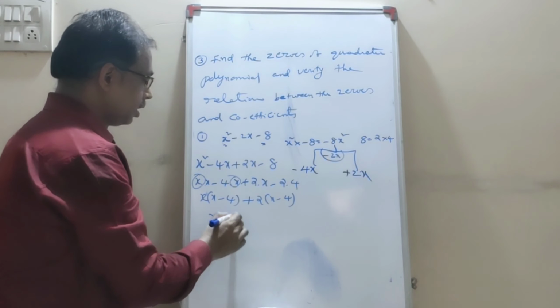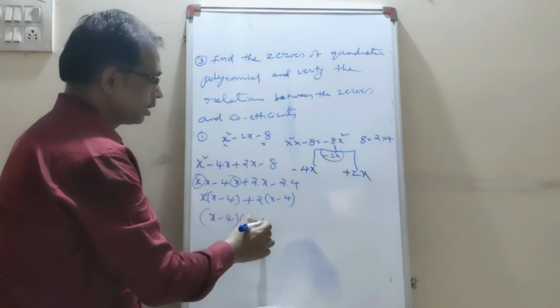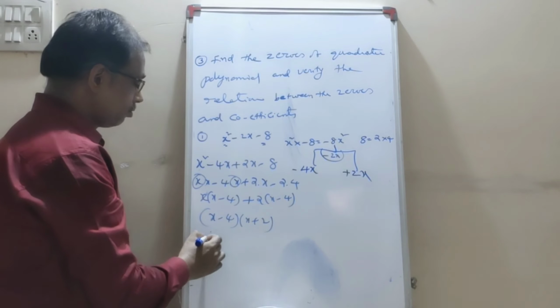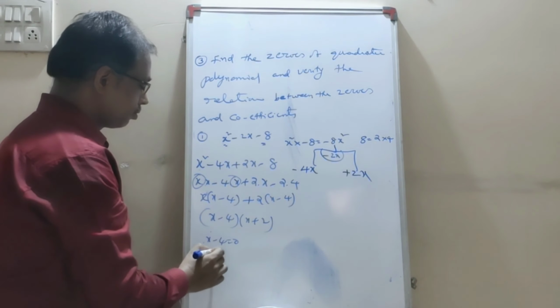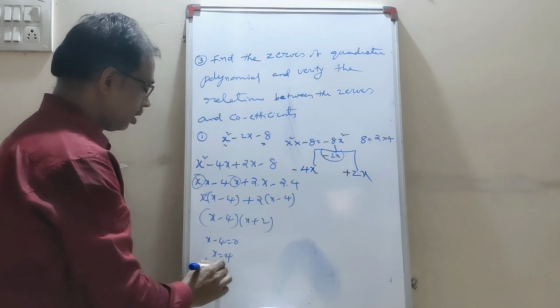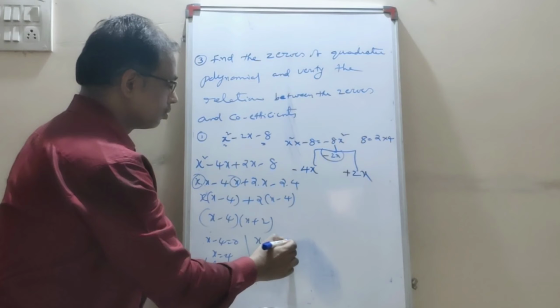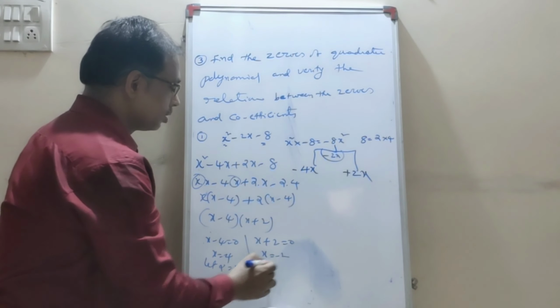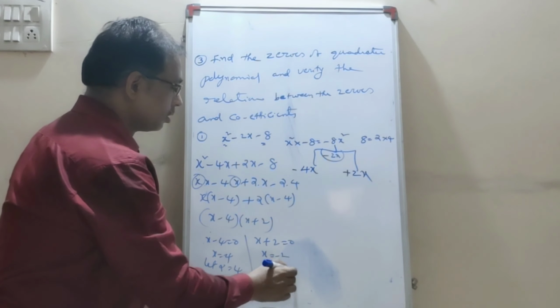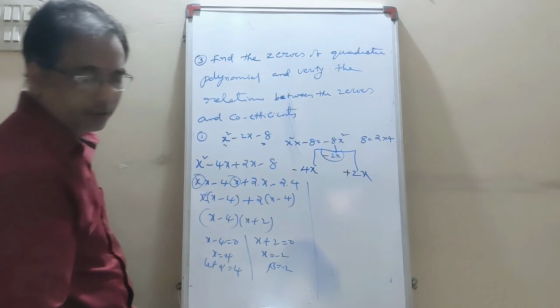So we can write x minus 4 into x plus 2. Here the first zero: x minus 4 equal to 0, that is x is equal to 4. Let it be alpha. And the next is x plus 2 equal to 0, x is equal to minus 2, that is beta. Now the verification.